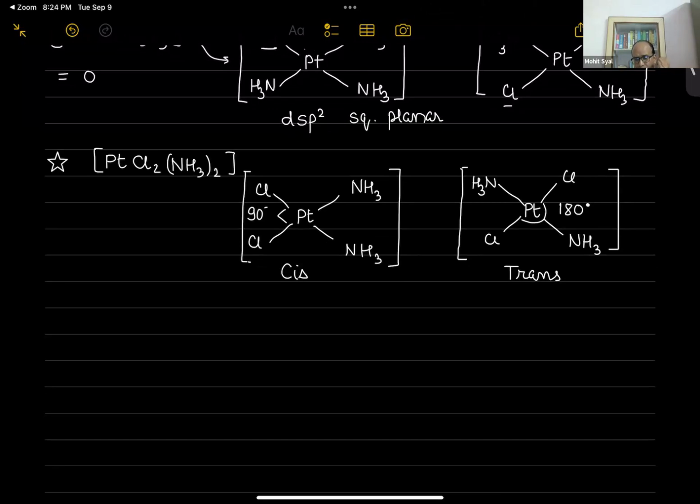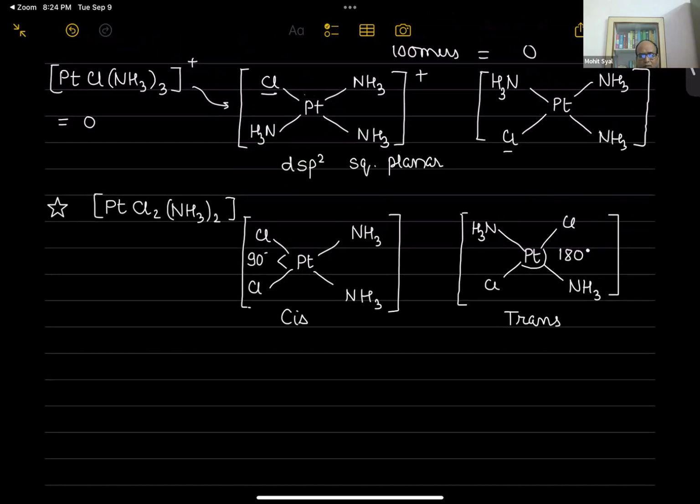Otherwise, if it's just one ligand different from the rest of them, it is not going to be geometrical. And if all ligands are the same, then also surely it is not going to show the geometrical isomers. I hope this is clear to all of you.